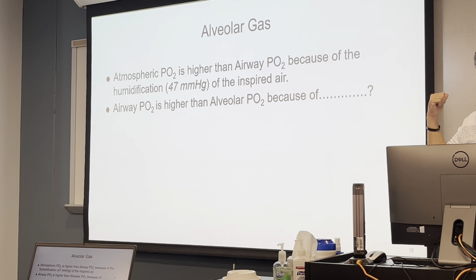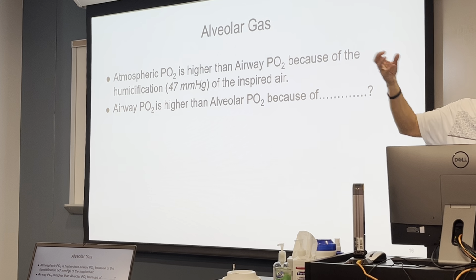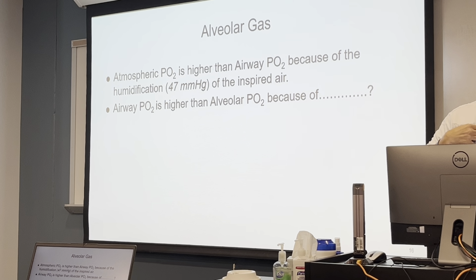If you remember that slide with all the graphs, what did we say alveolar oxygen was? About 100. Okay? So if the oxygen went from 160 to 150 in the airways, and by the time it gets into my alveolus, it's 100, well, what explains the difference?